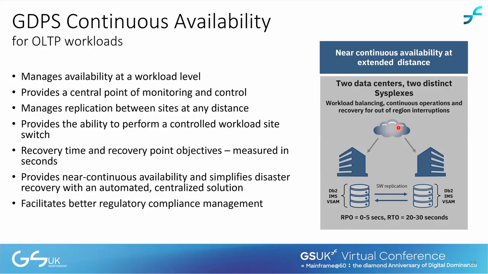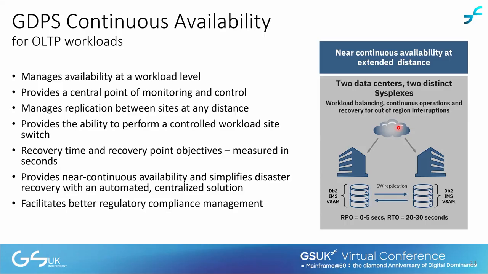Within this little cloud right here, where we have our routers and switches that point our workload to each sysplex, if a workload fails, we can actually control and switch the workload to a different plex and continue to work there. So we have near continuous availability. We're able to facilitate better regulatory compliance management.